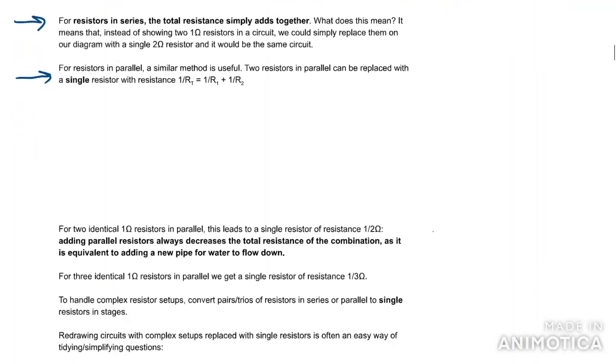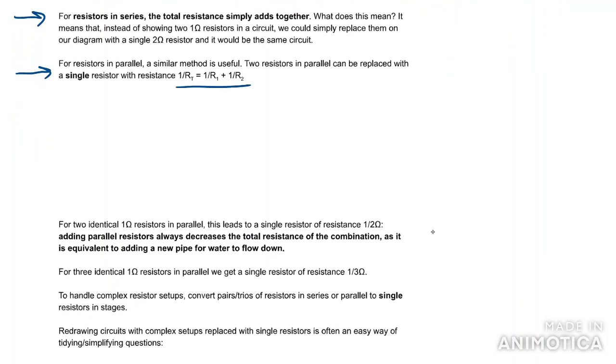Worth noting that this simplifies if you've got two of the same resistors, both of resistance R. You can try this yourself just to confirm, if they're in parallel, then this simplifies to RT equals R over 2.